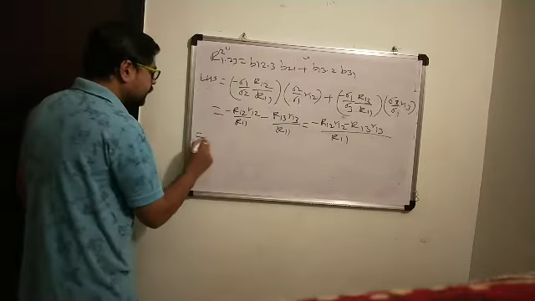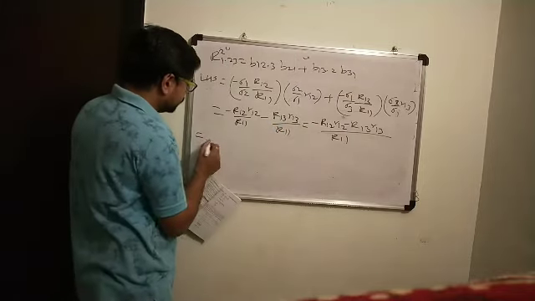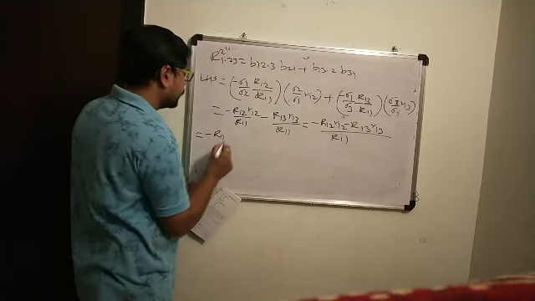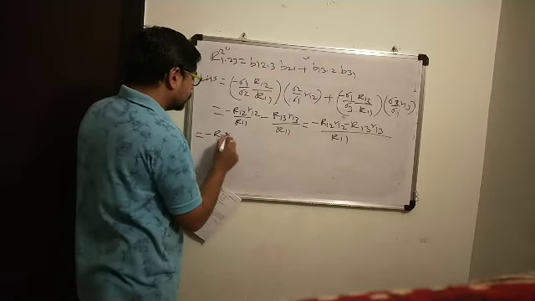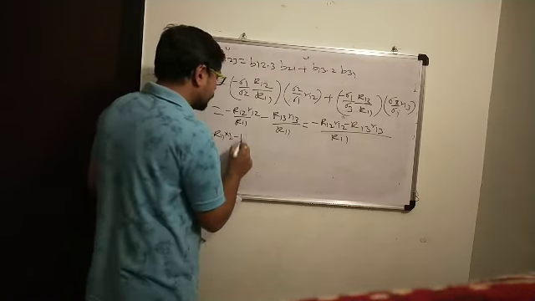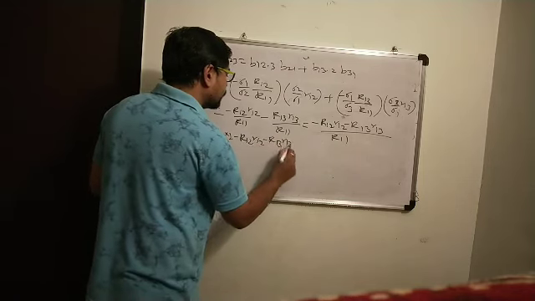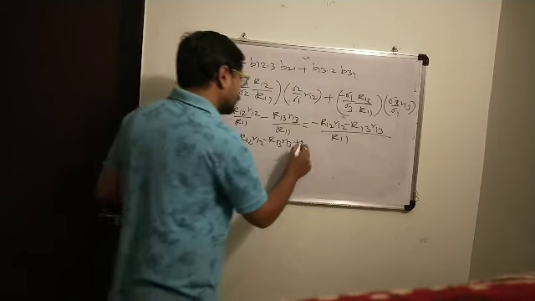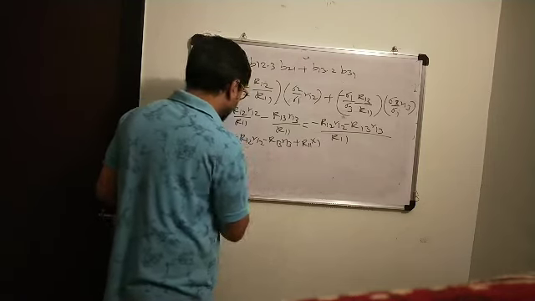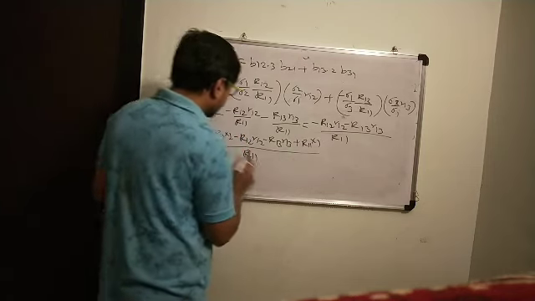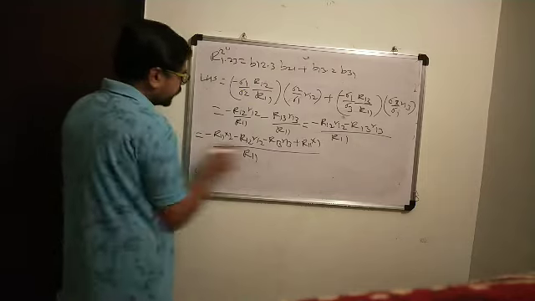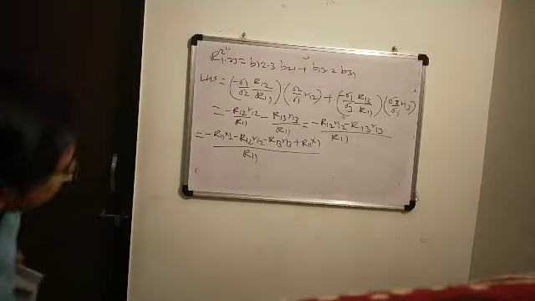Now we will simply add minus r11 into 1 minus r12 r12 minus r13 r13 plus r11 into 1, divided by r11. We have added r11 and subtracted r11, so there is no difference in this equation.